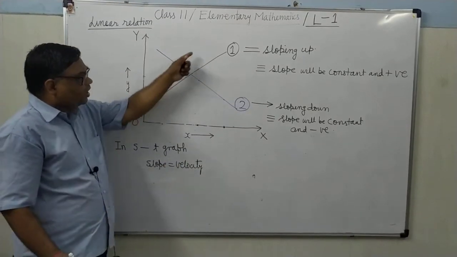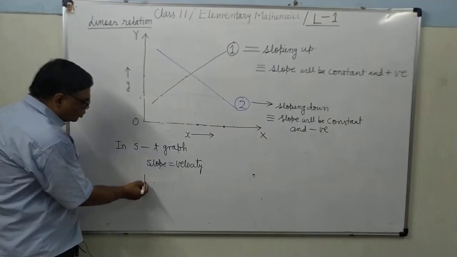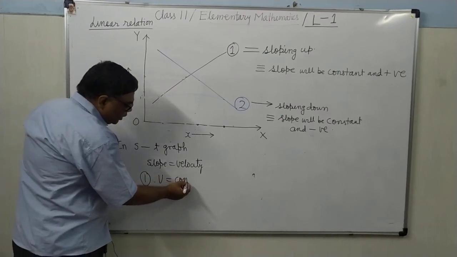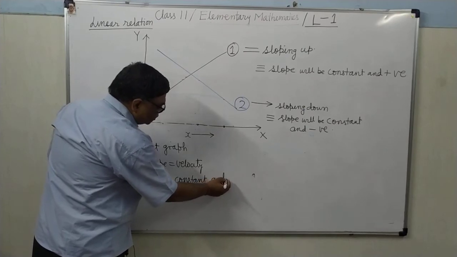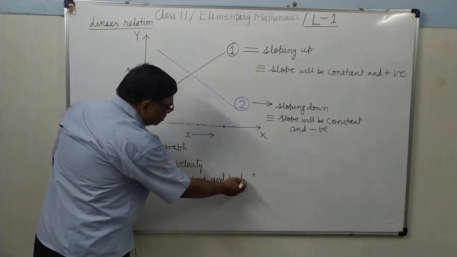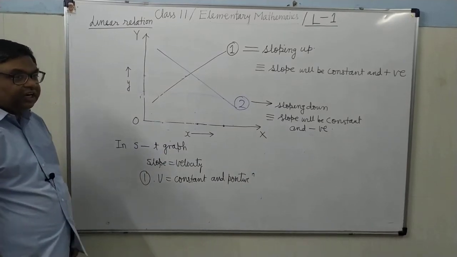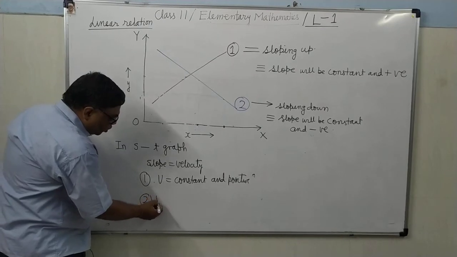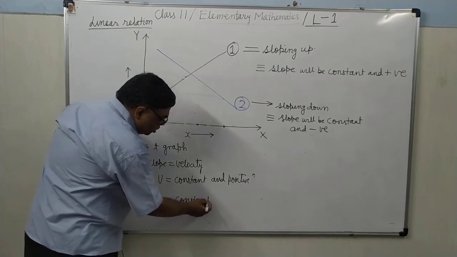Means in the first case, if this is the displacement time graph, velocity will be constant and positive. It's clear? Velocity will be constant and positive. While in the second case graph, velocity will be constant and negative.